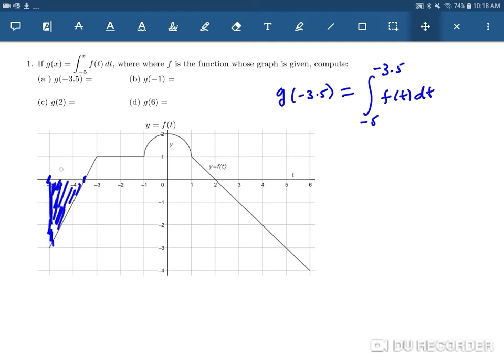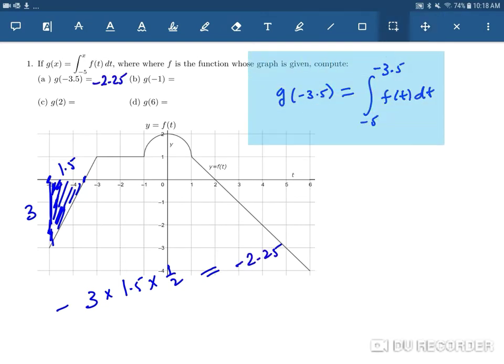And this is 1.5 units by 3 units. So the area is 3 times 1.5 times 1/2. Because it's below the x-axis, the integral is the negative of the area. So that gives us 1.5 squared, which is 2.25. So this value is -2.25.